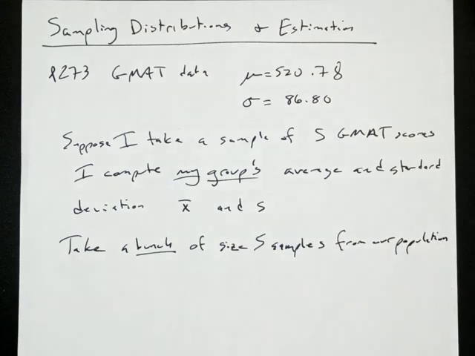So rather than just looking at one group of 5 people, I look at 40 or 50 groups of 5 people. Maybe I look at 8. Maybe I look at 30. Maybe I look at 50. But let's consider page 274. What happens if I do this 8 times? If I do this 8 times, I'm going to get a total of 40 numbers. But rather than treat them as 40 separate numbers, I'm going to look at the 8 averages that I get.